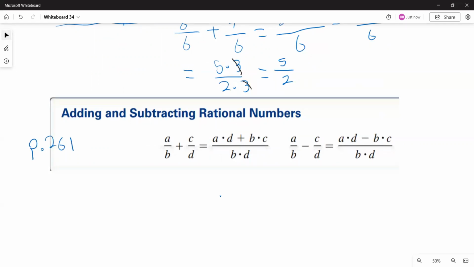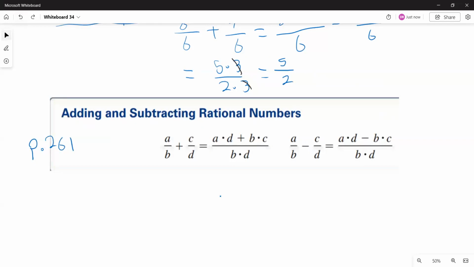If the denominators are different, a over b plus c over d, what you can do is multiply the denominators and then cross multiply the numerators. So that's a times d plus b times c over b times d, and same with subtracting. The denominator is going to be the product of the denominators and then cross multiply. So that's going to be a times d minus b times c over b times d.